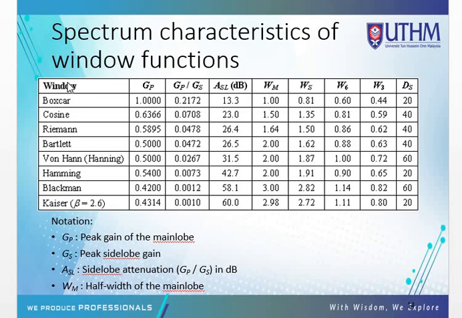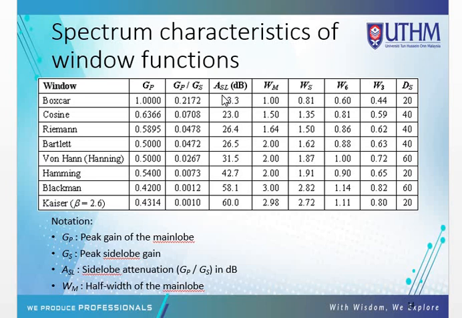And this one shows the spectrum characteristics of the window function. For each window, you have a different GP. This GP refers to the peak gain of the main lobe, and GP over GS, where GS refers to the peak side lobe gain.